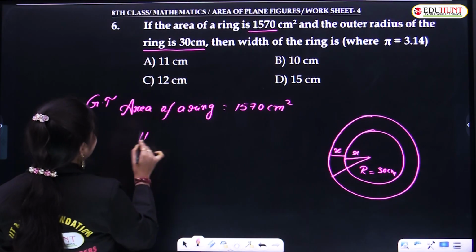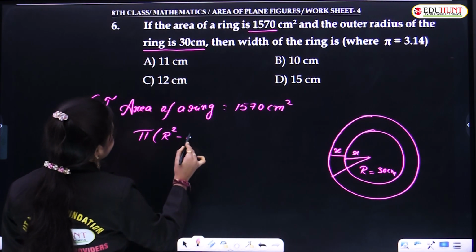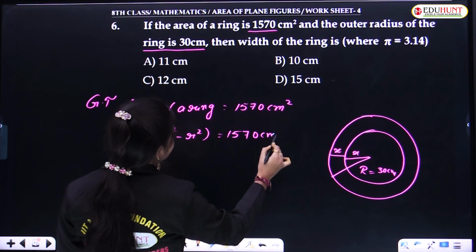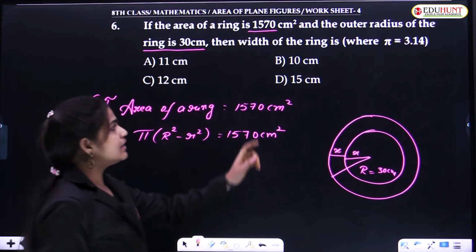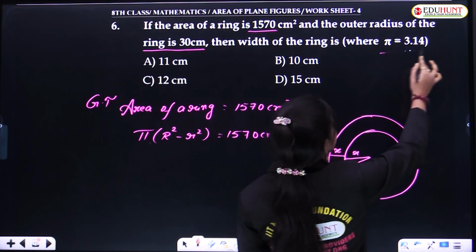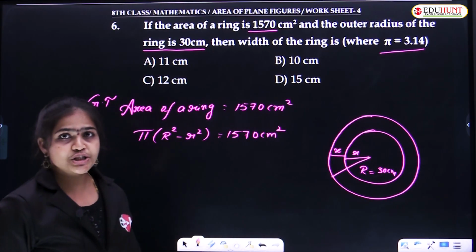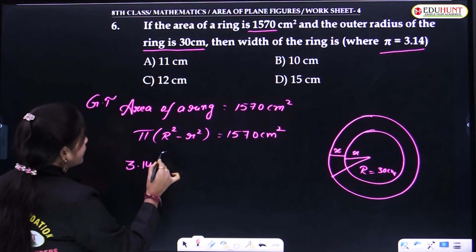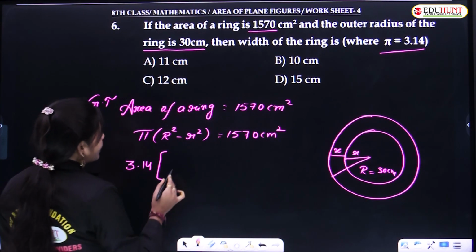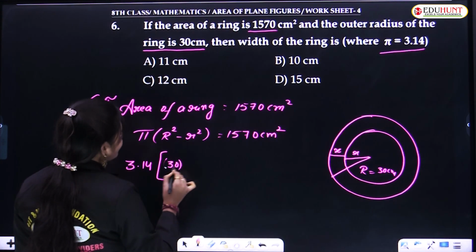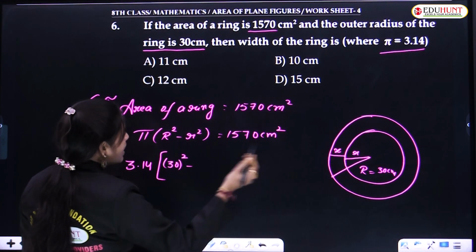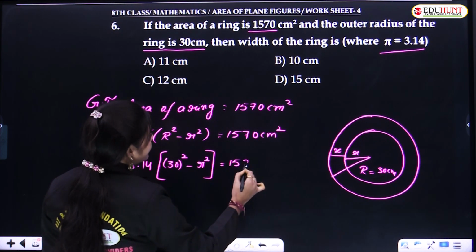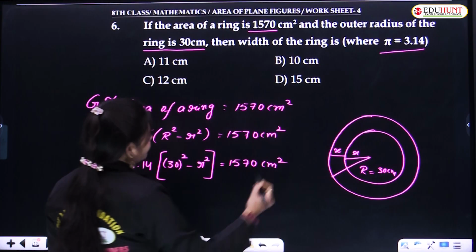That is pi into R square minus r square, equal to 1570 centimeters square. In that question they mentioned the pi value as 3.14, so that value only we have to take. 3.14 into (30 whole square minus r square) is equal to 1570 centimeters square.